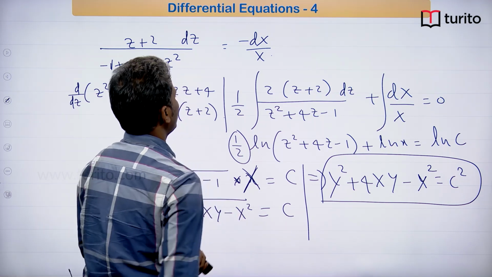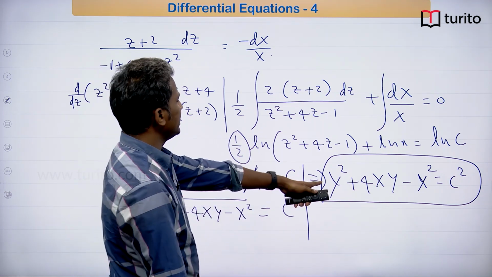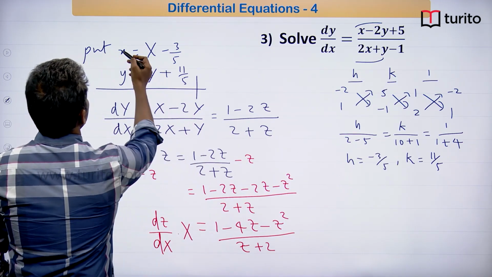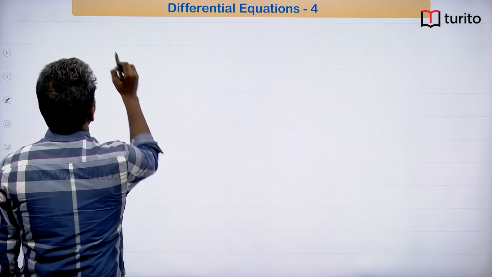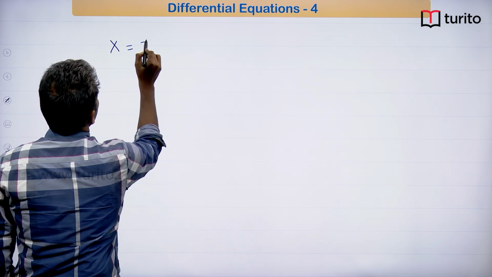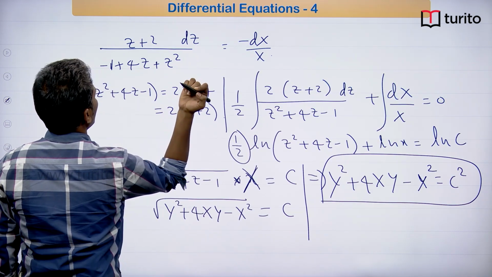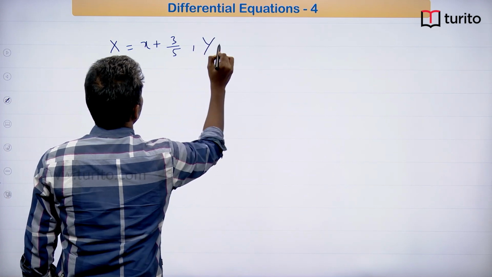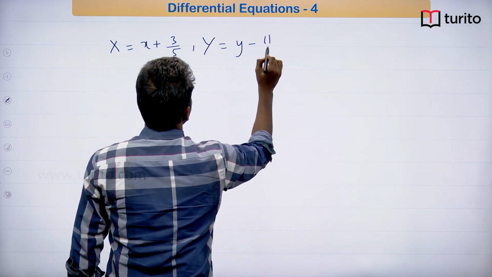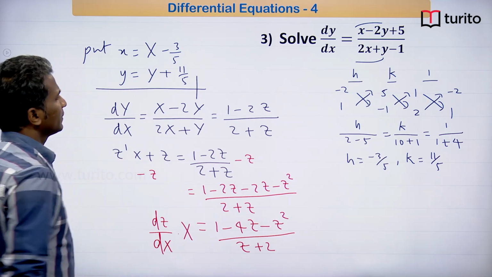So what will be our final answer? Final answer needs to have small x and small y, okay. So we may have to put capital X equal to small x plus 3 by 5 and capital Y equal to small y minus 11 by 5, right? Okay.